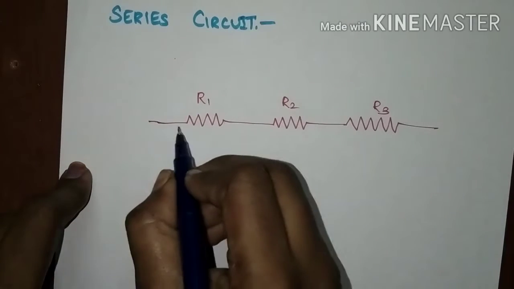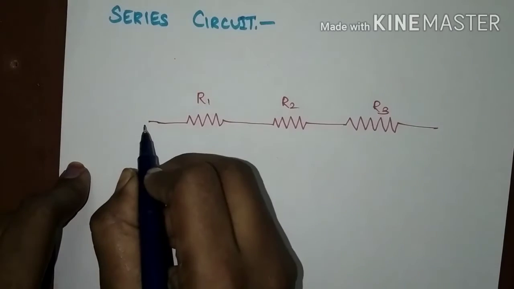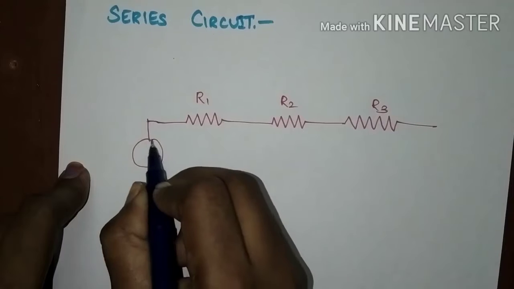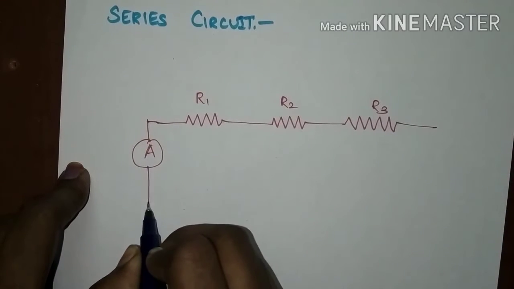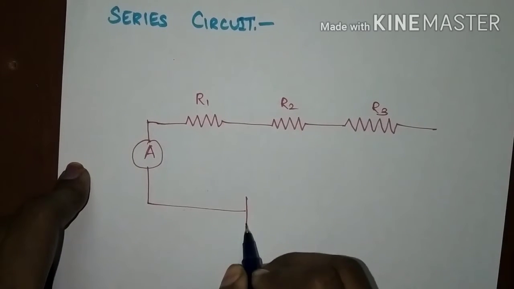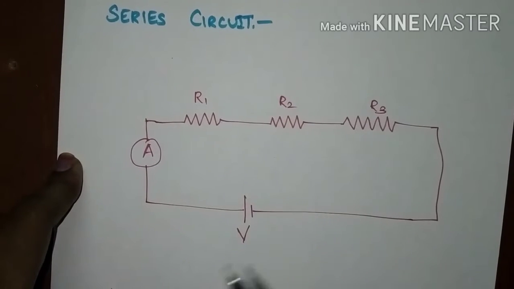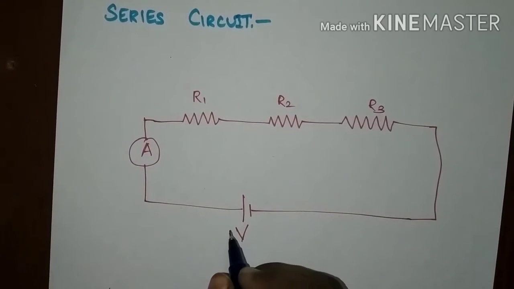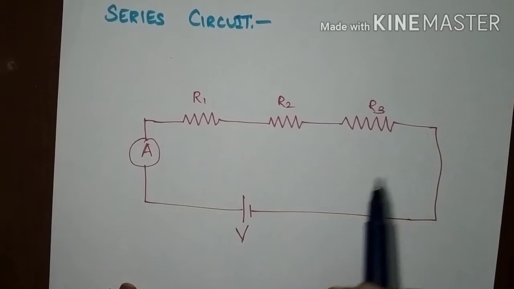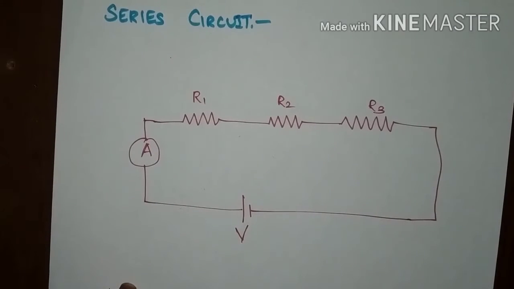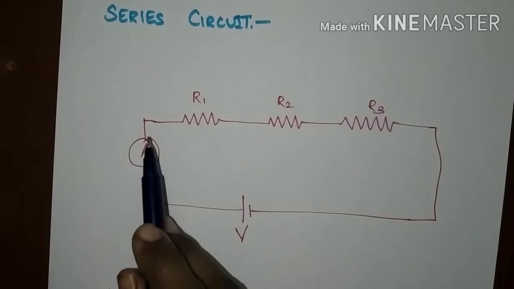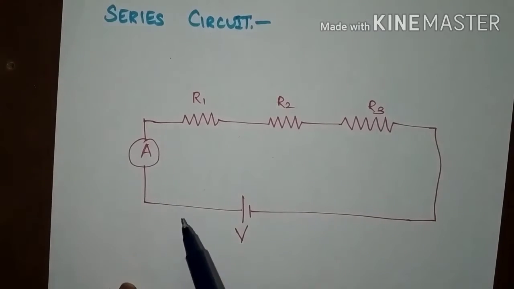The resistors are connected in series with a battery through an ammeter. To measure the current we are connecting an ammeter. It is connected to a battery of voltage V. We are giving a supply to these 3 resistors, which are connected in series, through the battery V, and we are measuring the current through the circuit by an ammeter A.